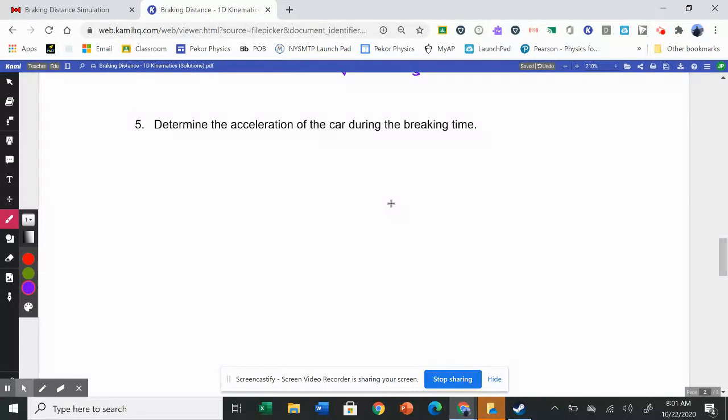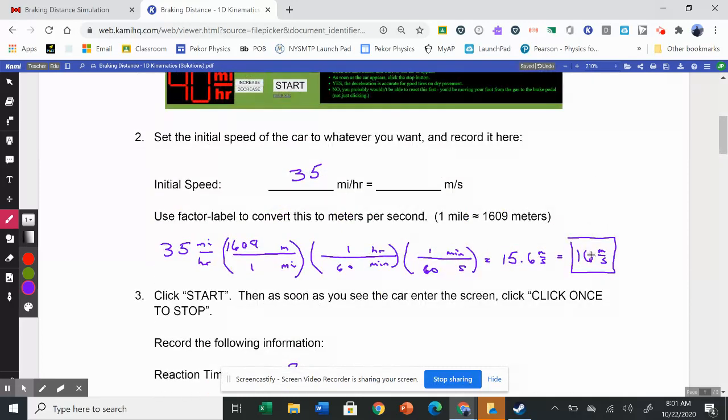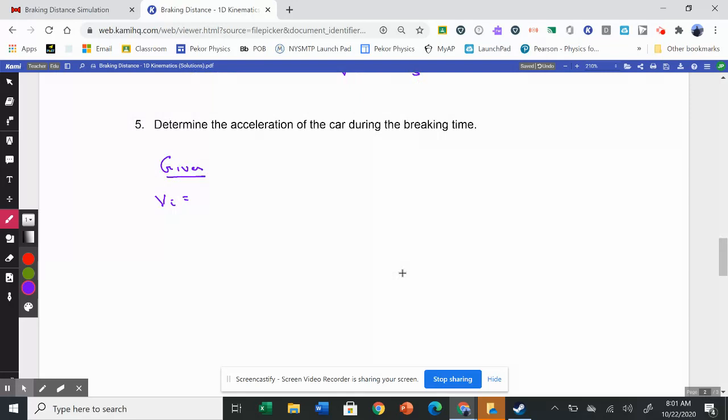Next, determine the acceleration of the car during the braking time. For that one, we know we started with that initial speed of 15 or 16 meters per second. I'm going to take the 16 meters per second I got up here. It would be all right if you used the 15 that I got here. It doesn't make too much of a difference. And it comes to rest in that braking time of 2.23 seconds.